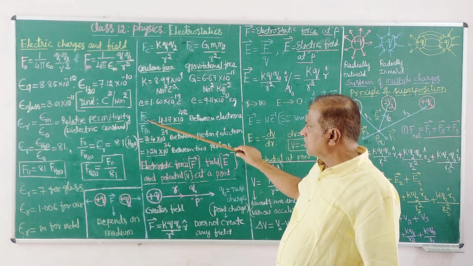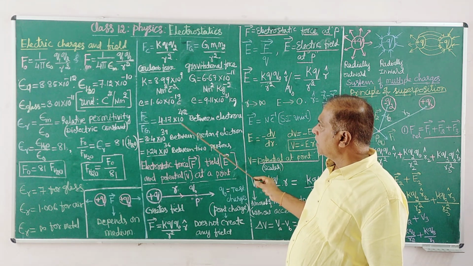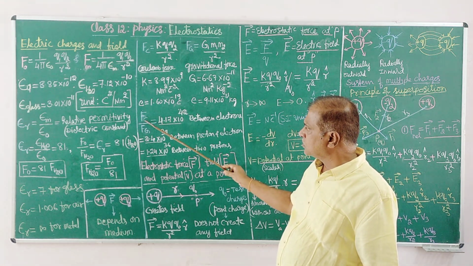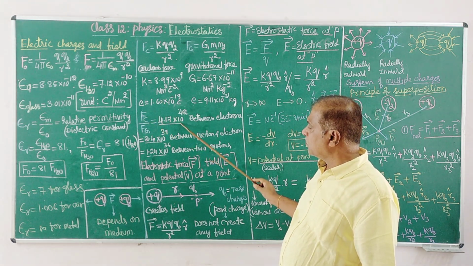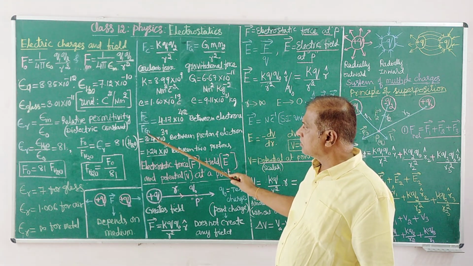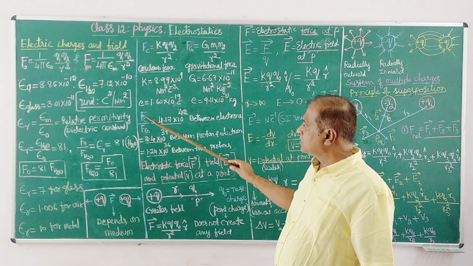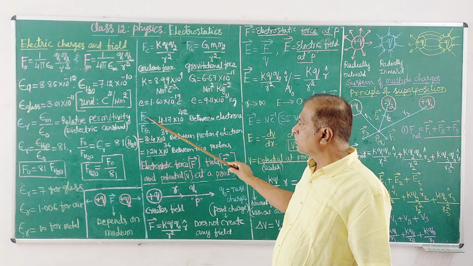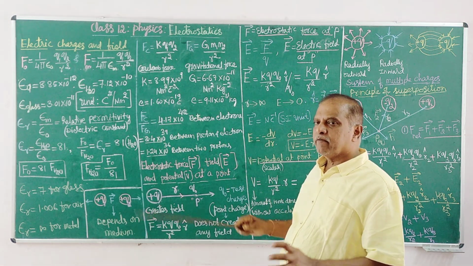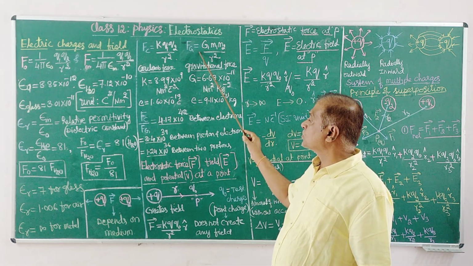The electrostatic force is 10 to the power of 40 times greater than Fg, the gravitational force. On comparison, it is a comparatively very high value with respect to the gravitational force.